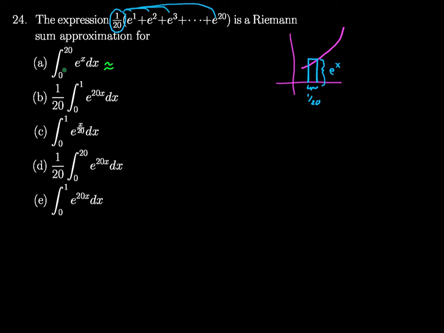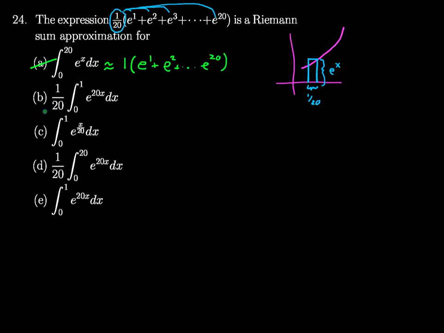And if I'm integrating from 0 to 20, each of the widths is going to be 1. We do get 1 times e to the first plus e to the second, all the way up to e to the 20th, like we're supposed to, except that we have this 1. So that's not the right answer.